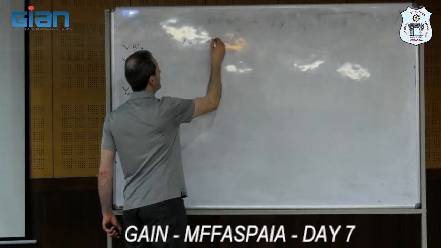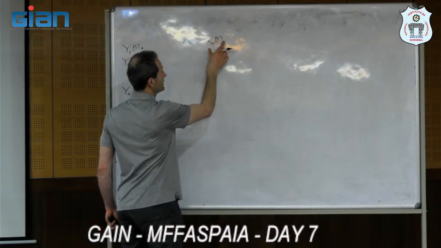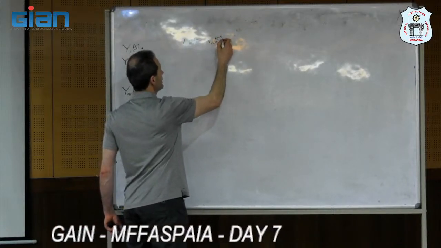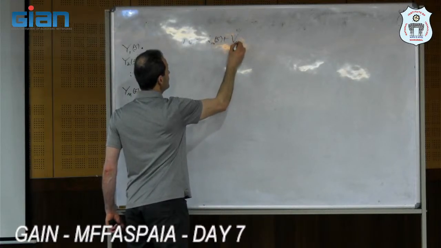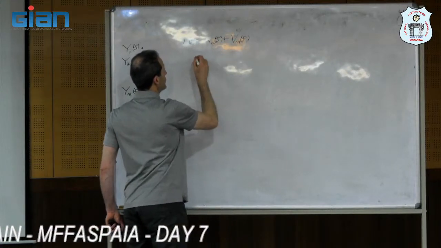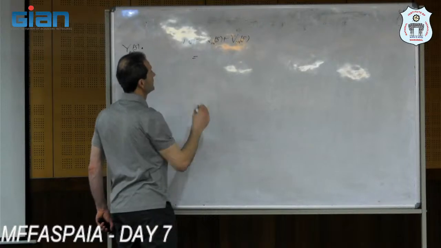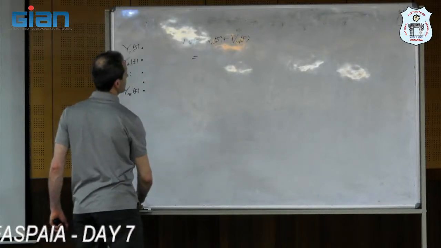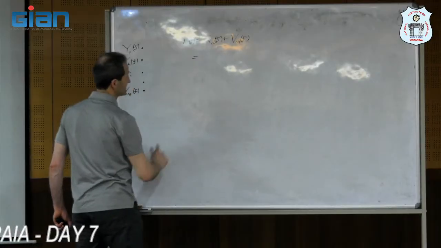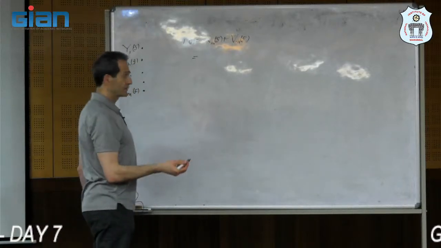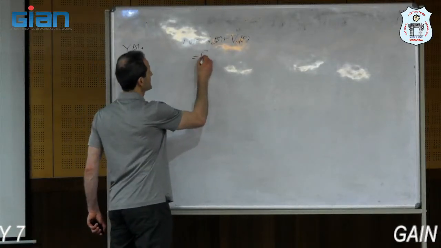Okay, so it looks like that. XMF, which is the desired signal in that sensor, plus the noise. And we saw that we can write it as the relative transfer function.